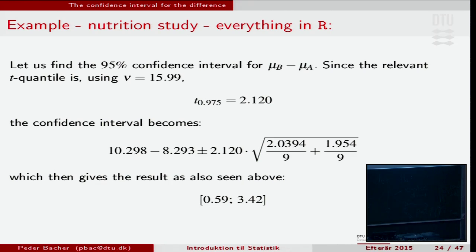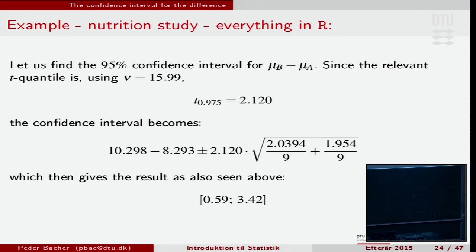So then we have the confidence interval, and that gives the result that we have a 95% confidence interval that the real difference in mean is between 0.95 and 3.42.